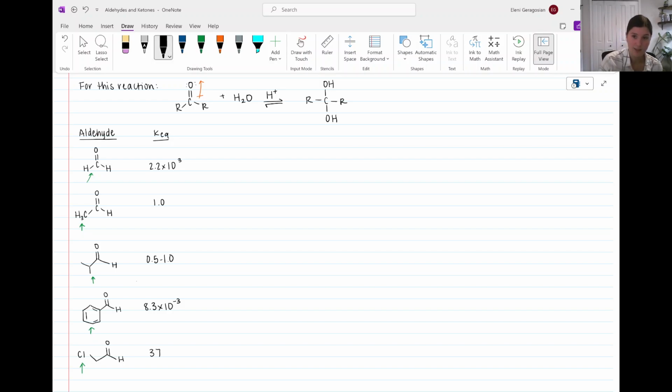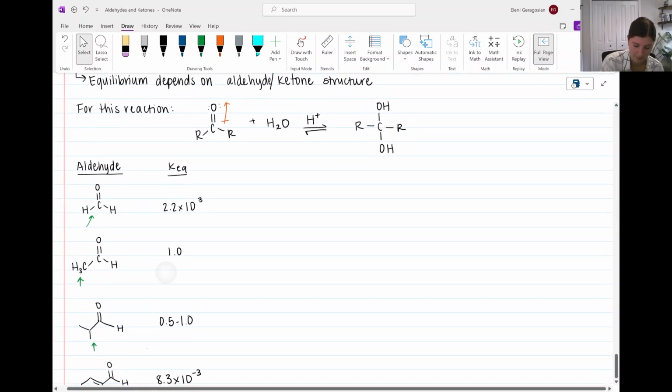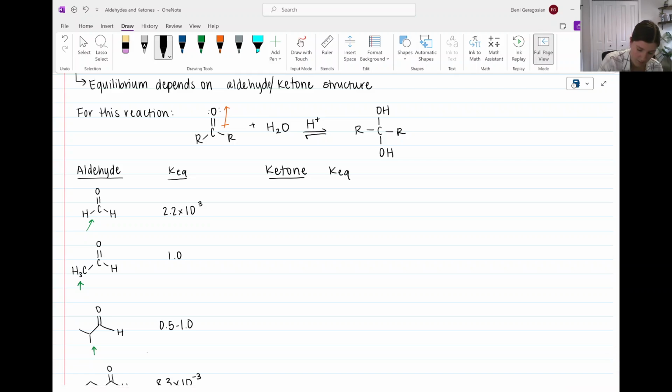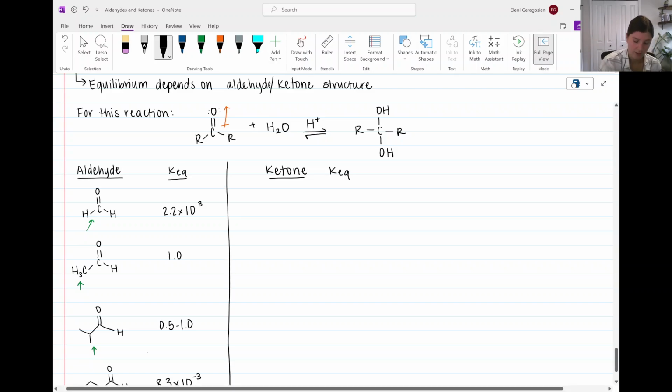Let's also look at some examples of ketones and the KEQ. So let me zoom in a little bit here. So we first looked at formaldehyde. Let's look at acetone, the simplest ketone, comparing to the simplest aldehyde.